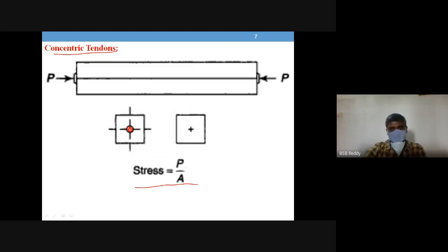It is P by A. It's very simple to calculate the direct compression. Compressive stresses are taken as positive, as you have seen in the notations. So this is about the concentric tendons.